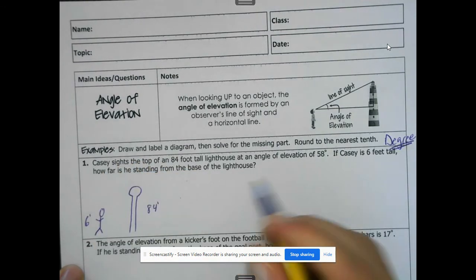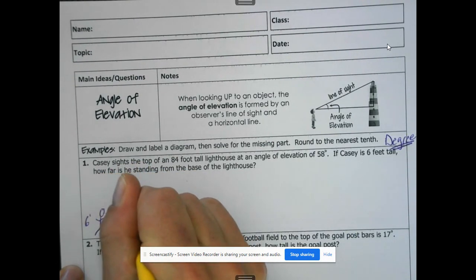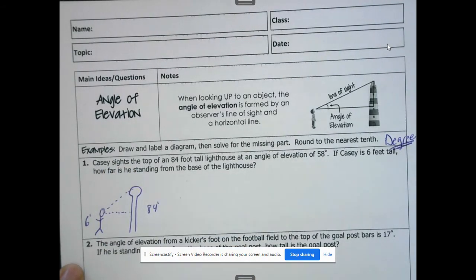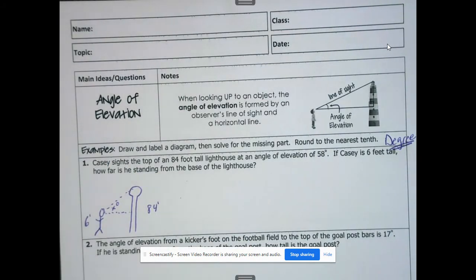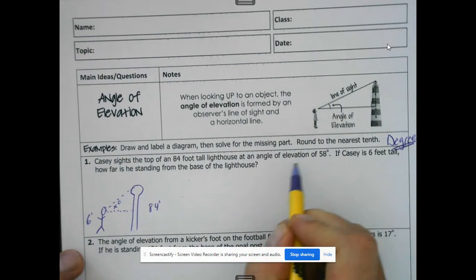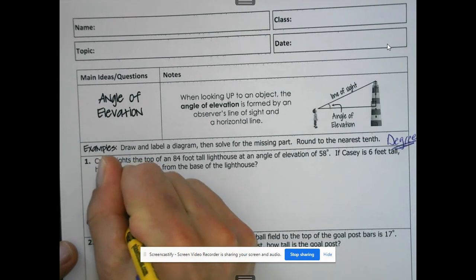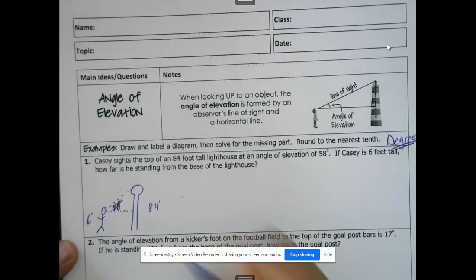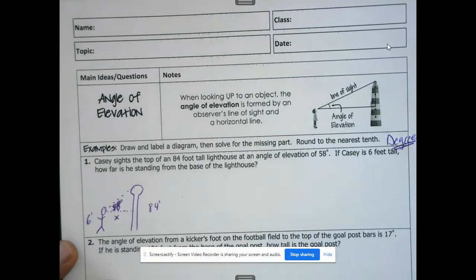All right, so we're trying to figure out, here's the horizontal line. Here is the line of sight. And it tells us the angle of elevation is 58 degrees. The question is, how far is Casey standing from the lighthouse?